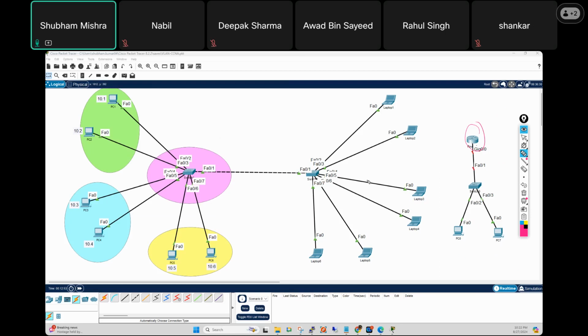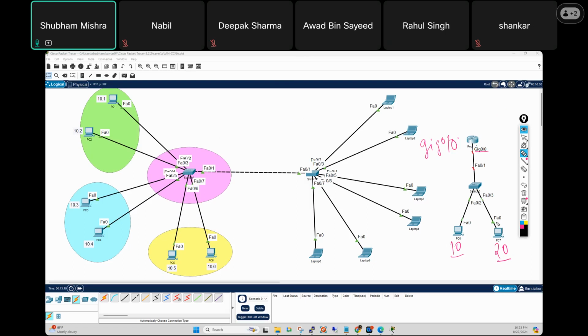So, for example, this is VLAN number 10 and this is VLAN number 20. And here Gig 0/0 is the physical interface. What I will do is create here Gig 0/0 dot, and here you can write any value. But what we recommend is to create the sub interface according to your VLAN.